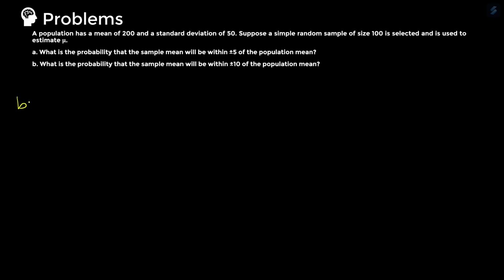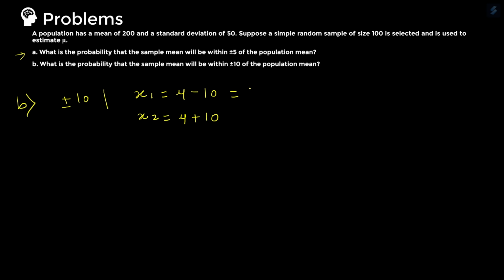Now let us understand the other problem, which is B. It is similar to the problem which we solved in A. So B is giving us a range of plus minus 10, meaning that for our x1 and x2, we subtract 10 and we add 10.